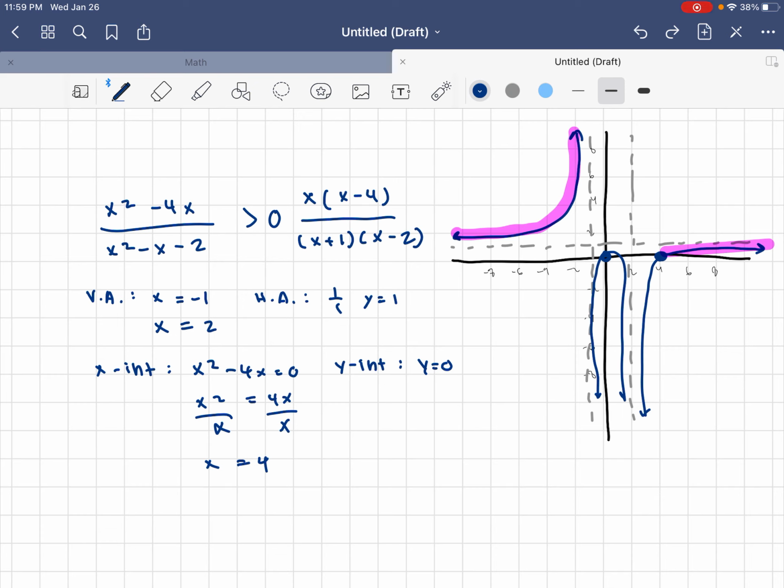So let's write our solution set now, which is, we see our arrow keeps going this way, so it's going to come from infinity to our asymptote, which is -1, not included. And then it's going to jump to here, which is 4, also not included.